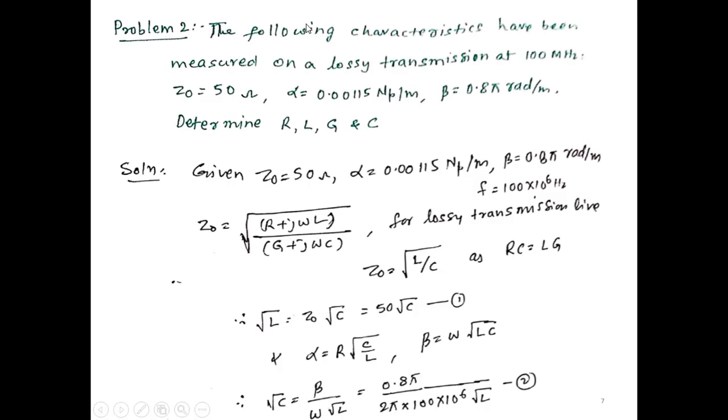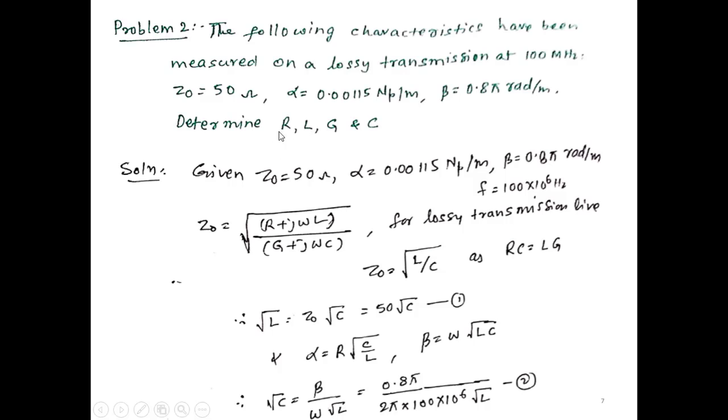And next problem, here we can find the constants of a line given characteristic impedance Z0 is equal to 50 ohm, attenuation constant alpha is equal to 0.00115 nepers per meter and beta is equal to 0.8 radians per meter.